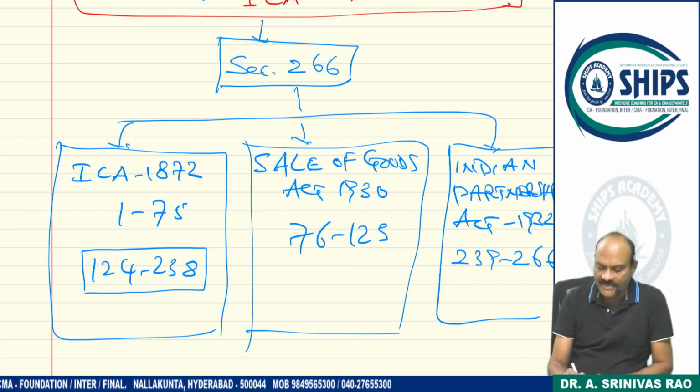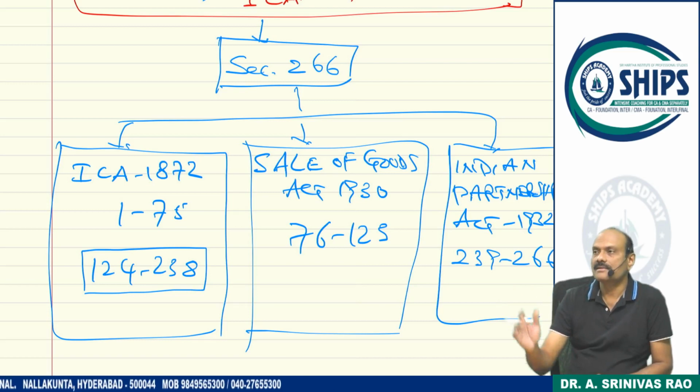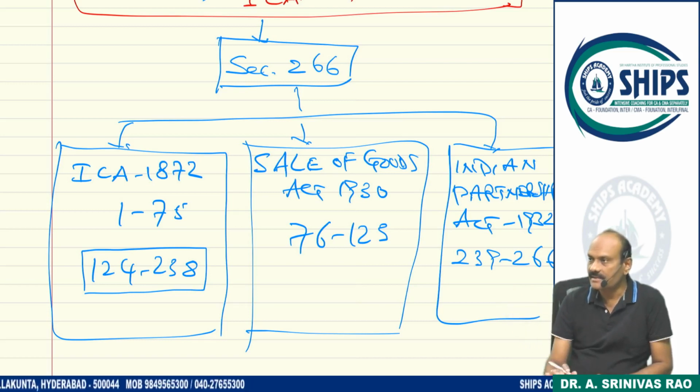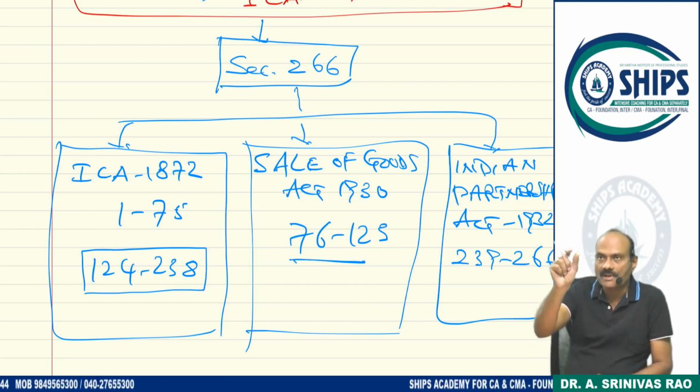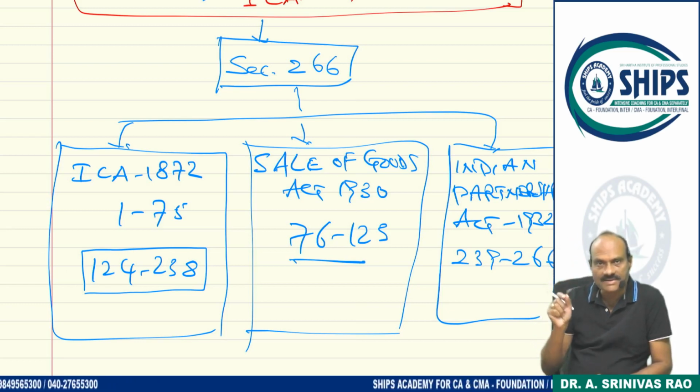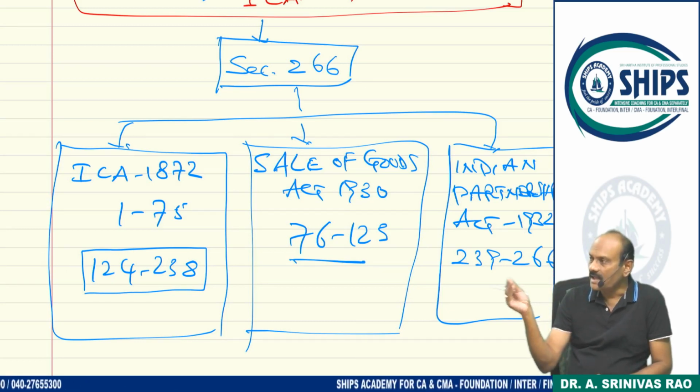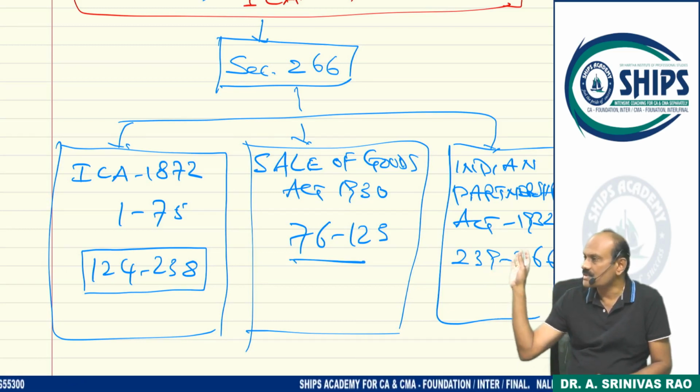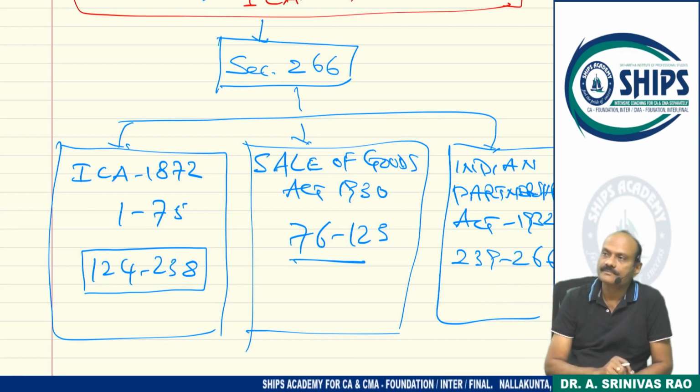The other one is section 76 to 123 of the Contract Act, 7th schedule, repealed. Repealed means cancelled and enforced as the Sale of Goods Act 1930. One chapter of the Indian Contract Act is separated and enforced as the Sale of Goods Act 1930.